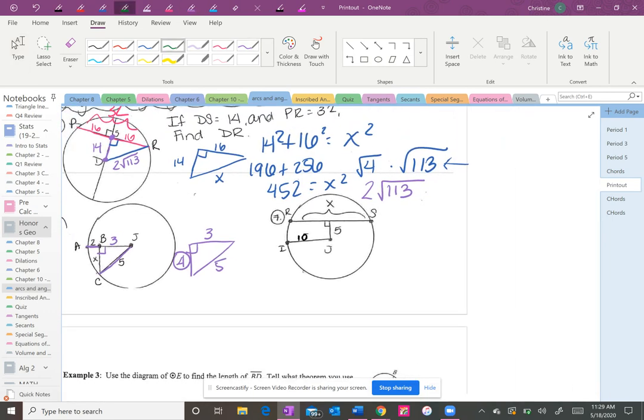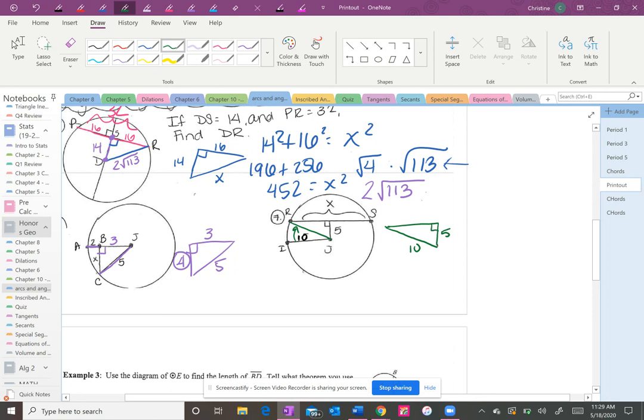Okay, and then sometimes you have a radius, but it's not in the right place, so you're just going to swing it around. So I'm just taking this and moving it like the hands on a clock. Okay, if you want to see just the triangle, I would just take out this triangle. This is 5, this is 10.